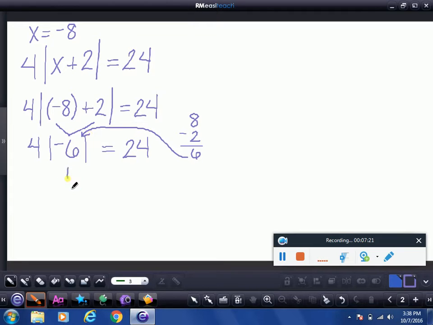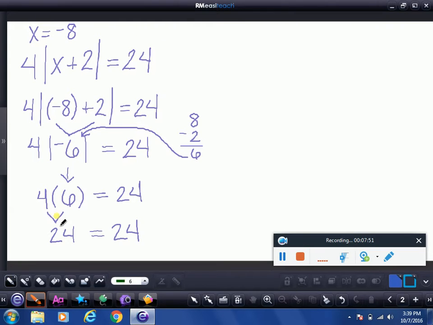So we know that the absolute values are always positive, so this will give you 4 times positive 6 equals 24. And if you multiply 4 times 6, that equals 24, and that is in fact equal to 24. So you can see that our answer from case 1 would work in the situation of our original problem.